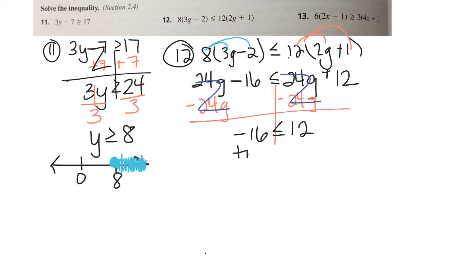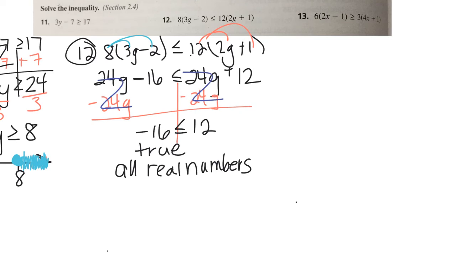Well, this is true. When we have a true statement, every number we plug in for g is going to work. So we say all real numbers. And yes, that does mean that there are numbers that are not real. We call them imaginary numbers, and that's something we learn about in Algebra 2.